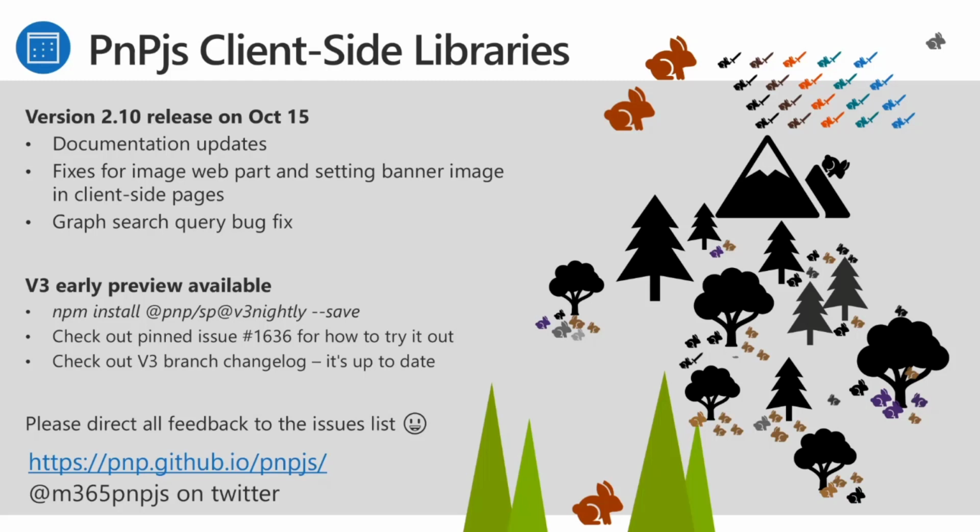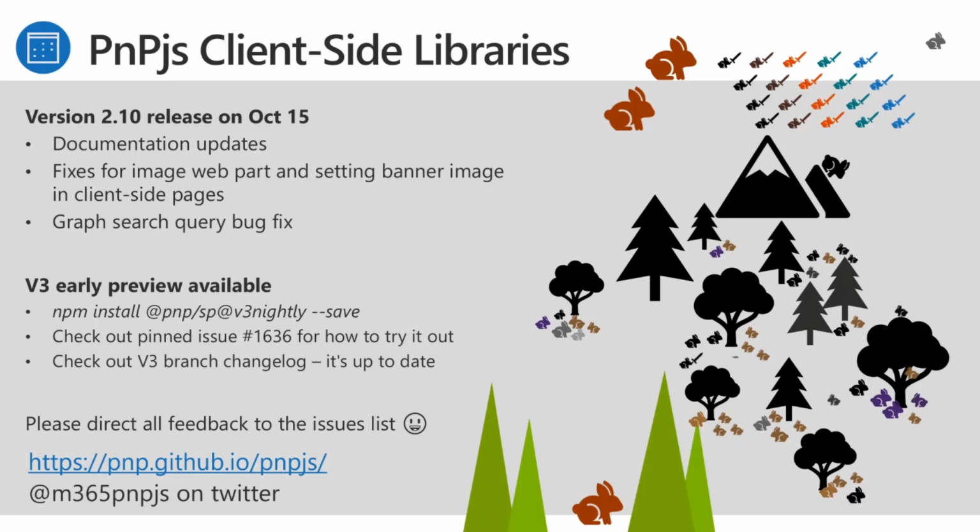Again, want to announce V3. There is an early preview available. We're doing nightly builds. And you can get that nightly build by doing an npm install for the @v3 nightly build. If you want to know more about what's happening in V3, you can check out the pinned issue number 1636. It has all the details on what we're doing for V3. And obviously, there is a changelog in the V3 branch, and that is up to date.